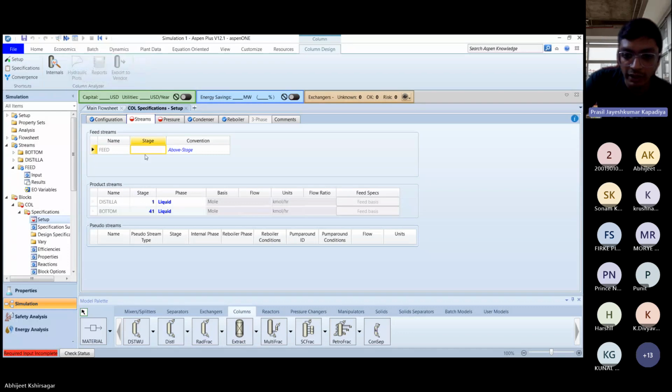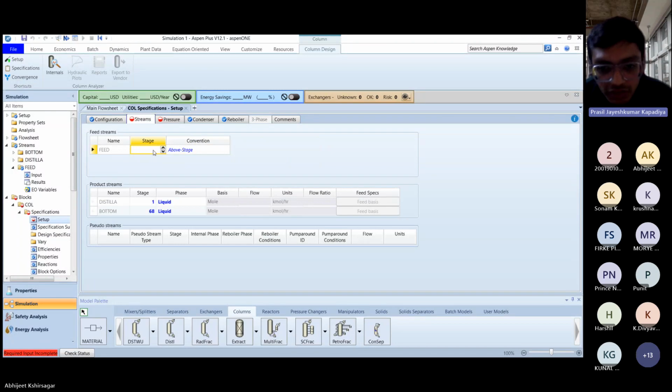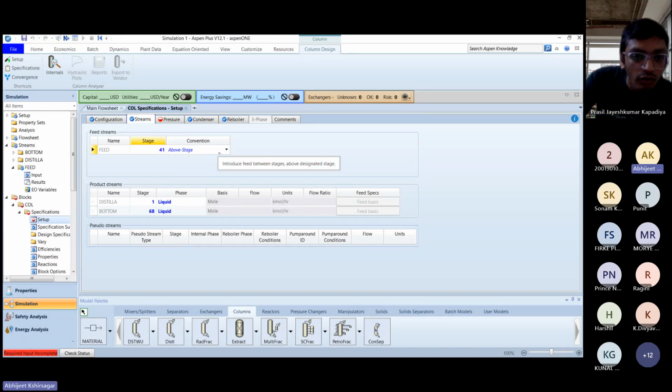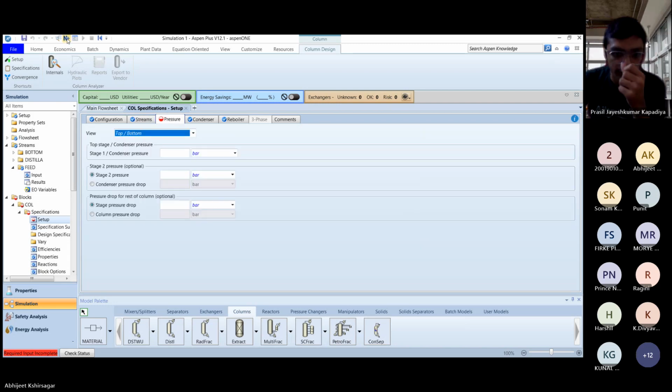Can you go to configuration? The total number of trays is 68. I'm sorry, it's 68. And the feed tray location is 41, above stage. Now go to next. Pressure is 300 psia.